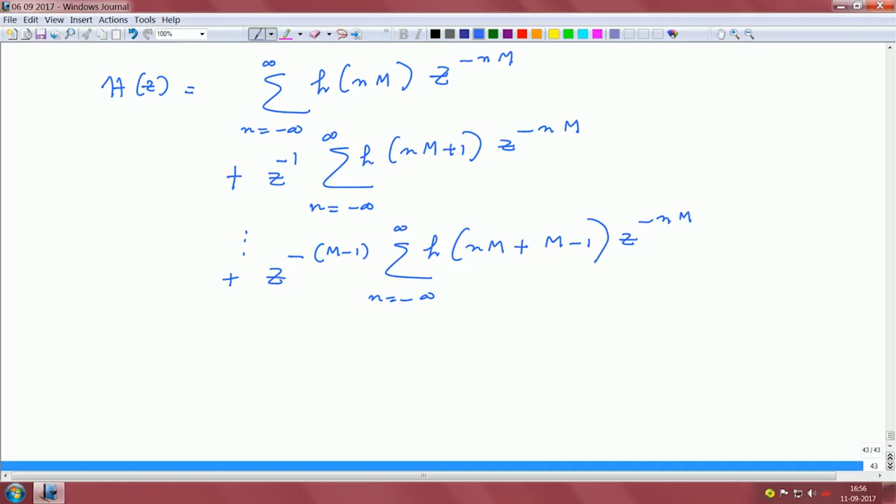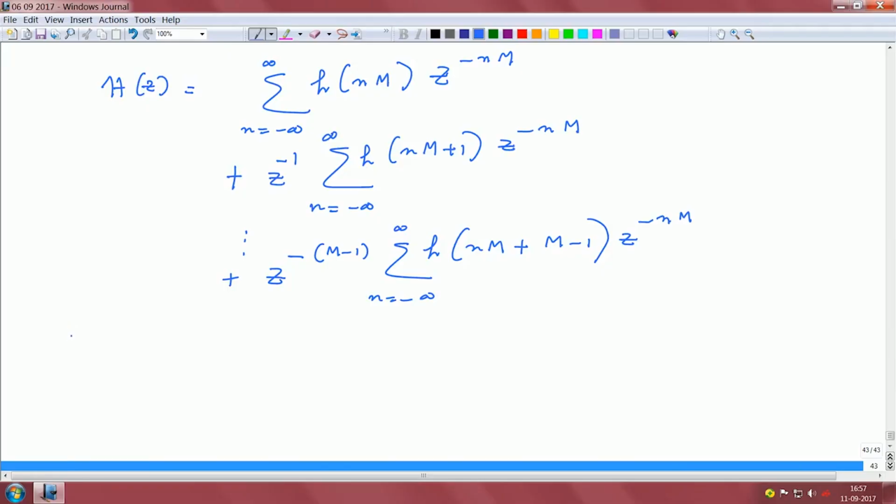Right. Instead of just grouping into even and odd for the case of split of 2, if we can split by 3 we take modulo 3, right. All those with modulo 0, modulo 1, modulo 2, and we grab those filter coefficients, and then we regroup the filter as follows, right.